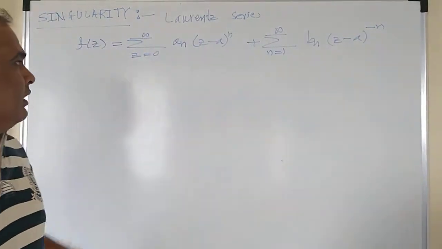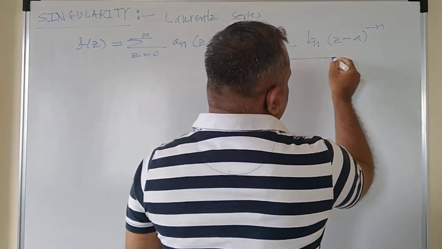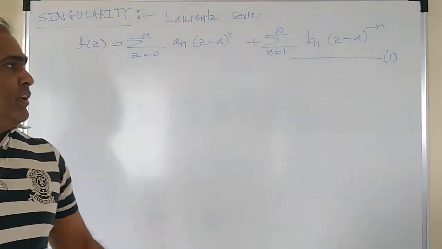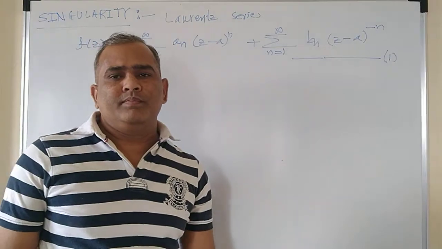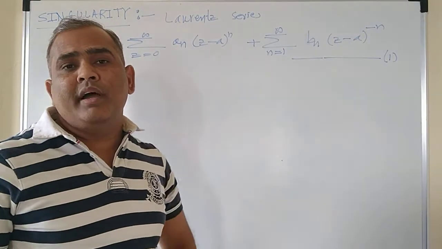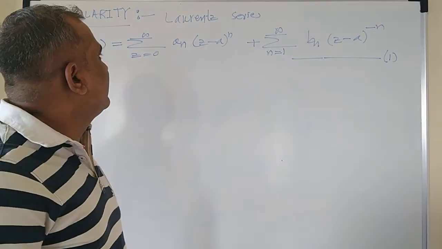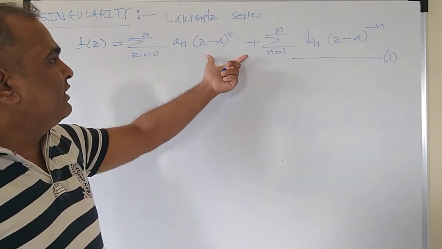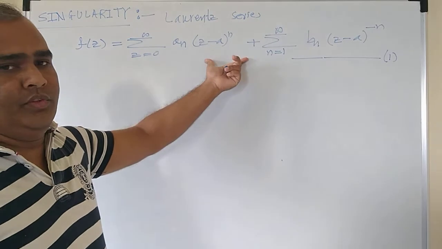Let us say this is our equation number 1. This is very important because based on this Laurent series only, you are going to identify the kind of singularity.